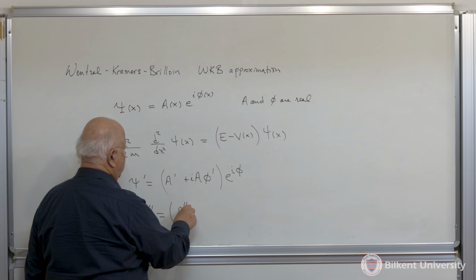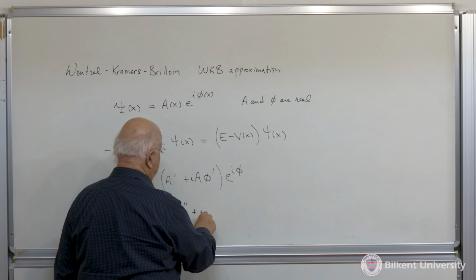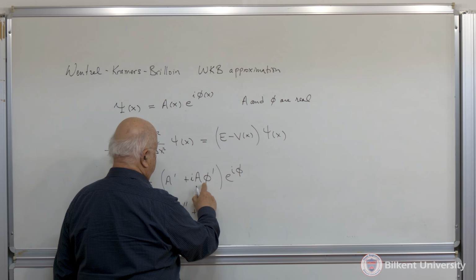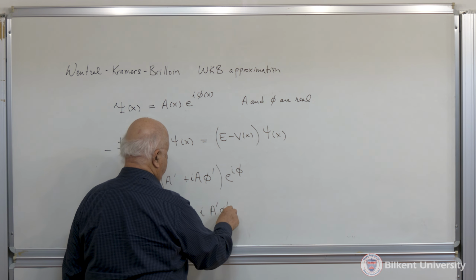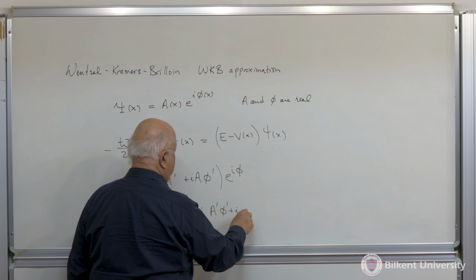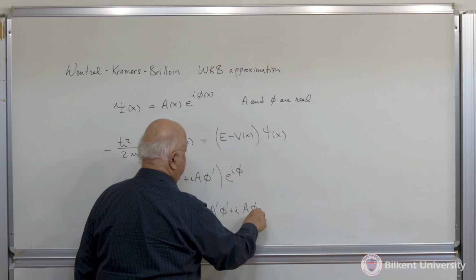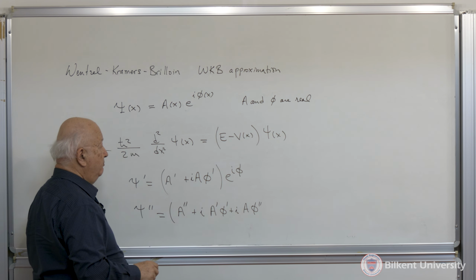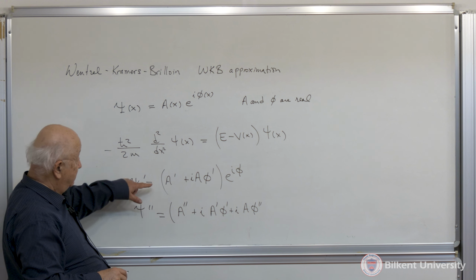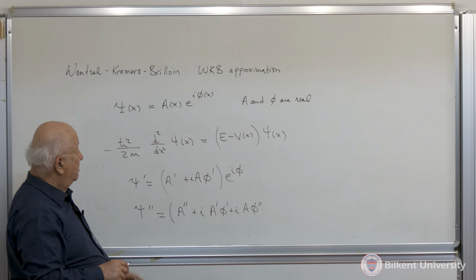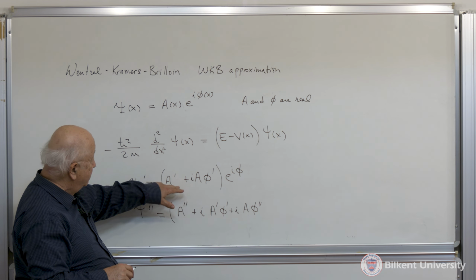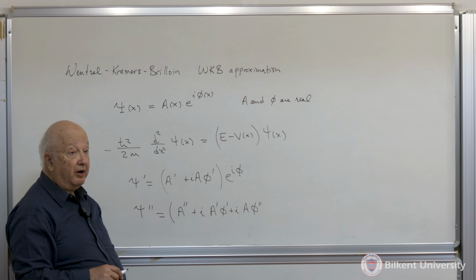So it's going to be A double prime plus i A prime phi prime plus i A phi double prime, right? So it's just the derivative of this parenthesis. And then I have to add to that this thing times the derivative of e to the i phi.